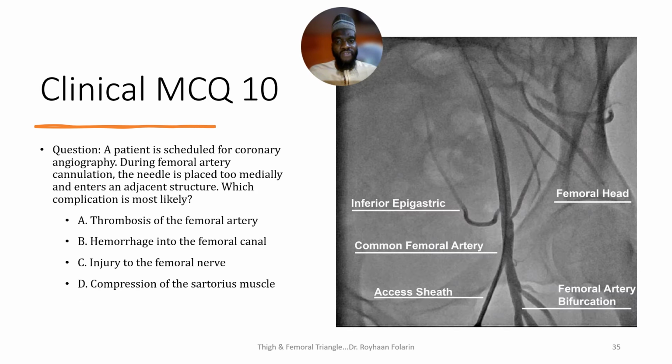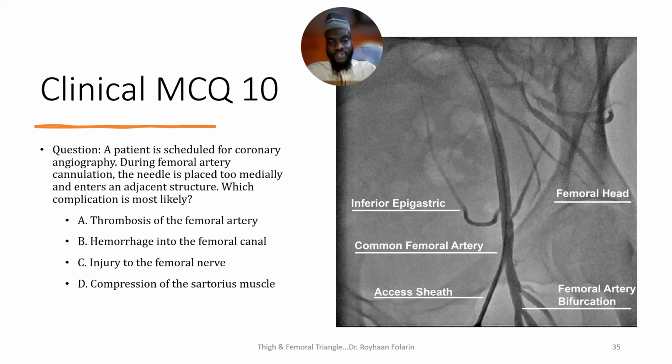And our final question for this session: the patient is scheduled for coronary angiography. And during the femoral artery cannulation, the needle is placed too medially, and it enters an adjacent structure. Which complication is most likely? It's a similar question, but I have a different set of options this time around.